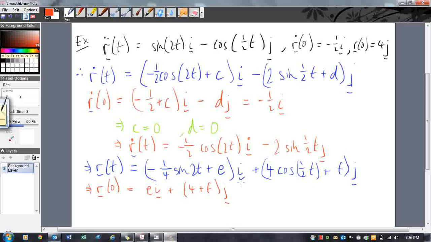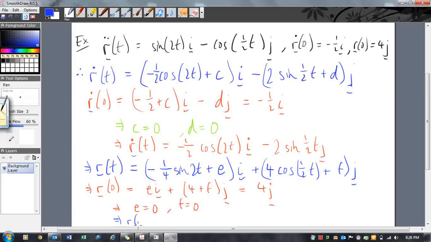Oh, that's really boring as well. Another trivial result, okay? Sorry about that. So r of 0 is equal to 4j from up here from our initial condition. So therefore, e is equal to 0, f is equal to 0. Boring. Anyway, there you go.